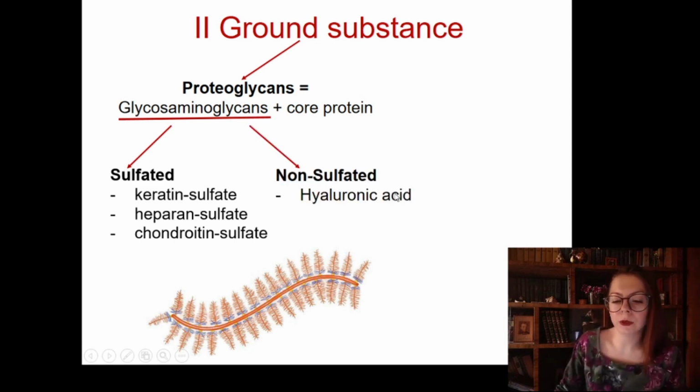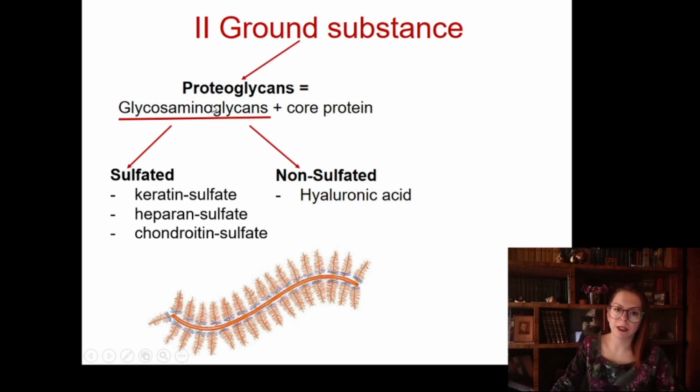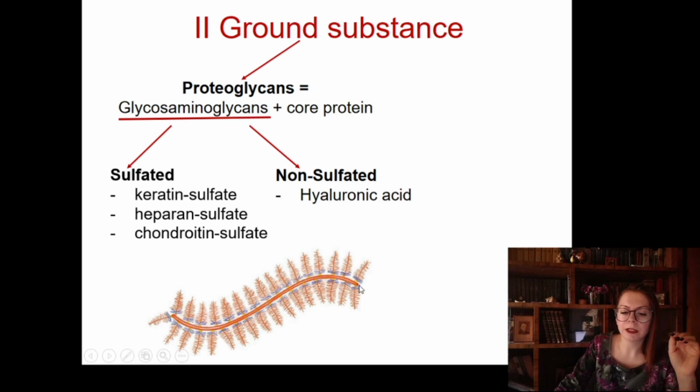This is hyaluronic acid, which is a non-sulfated form of glycosaminoglycans. And exactly here it is. We can see that hyaluronic acid is a long centrally polymerized molecule which is non-sulfated, and it is used to add many proteoglycans with the help of linker proteins.